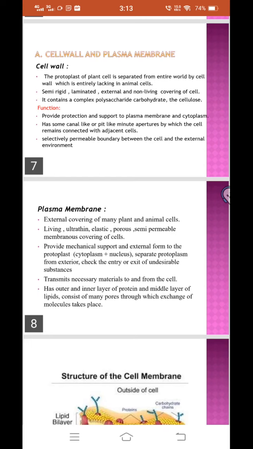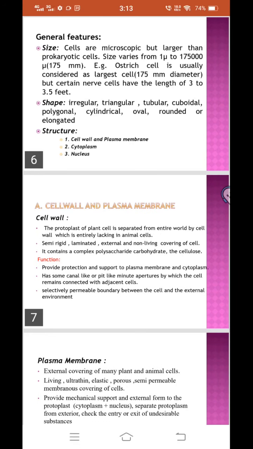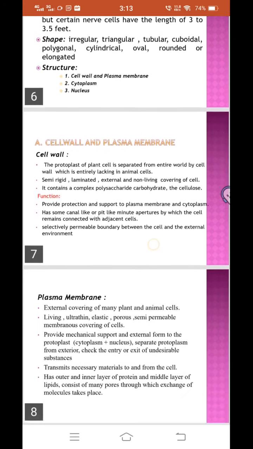And this cell wall is generally present in the plant cell and it is absent in animal cell. This cell wall is a semi-rigid, laminated, external and non-living covering of the cell. And it contains a complex polysaccharide carbohydrate, that is cellulose.